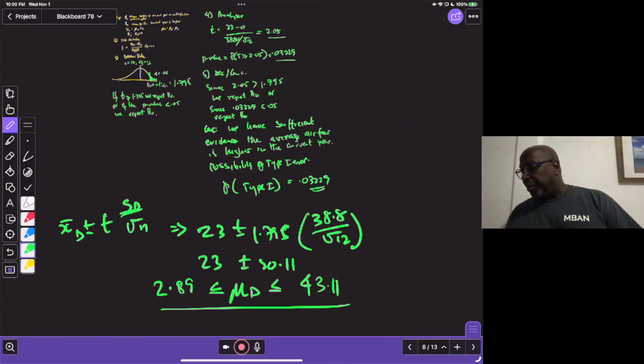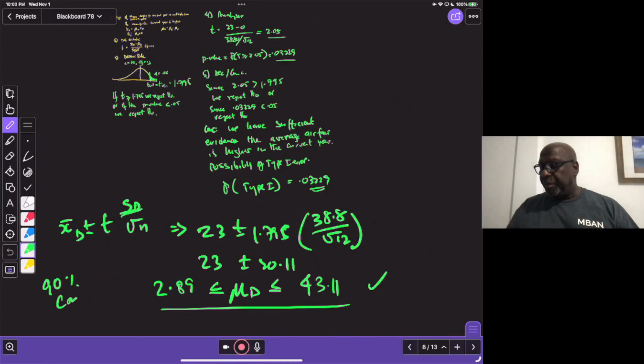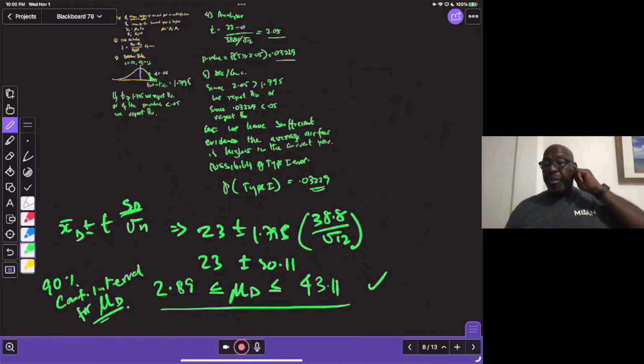So again, that proves that we do have sufficient evidence. So this is a 90% confidence interval for mu D. I just took the problem and said, let's find a confidence interval with the D that we have. So that's the first one.